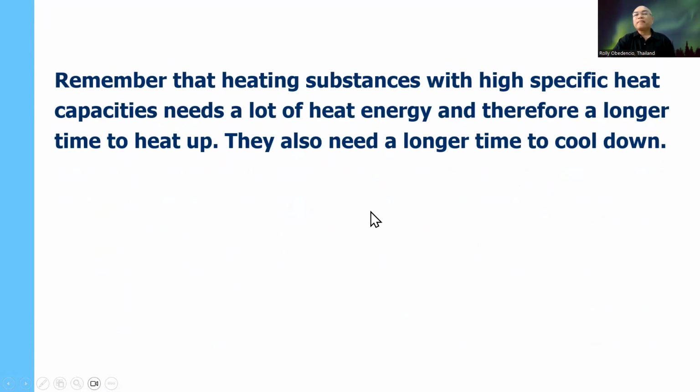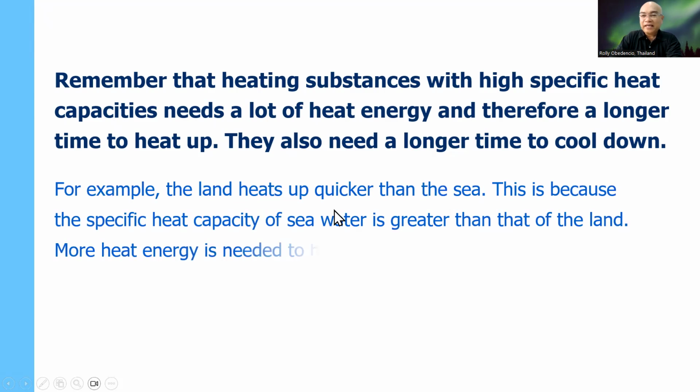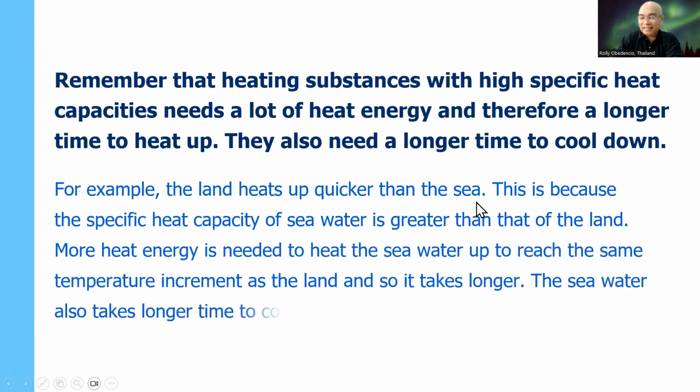Now, remember that heating substances with high specific heat capacities needs a lot of heat energy and therefore a longer time to heat up. They also need a longer time to cool down. For example, the land heats up quicker than the sea.